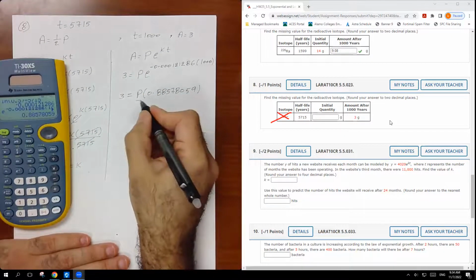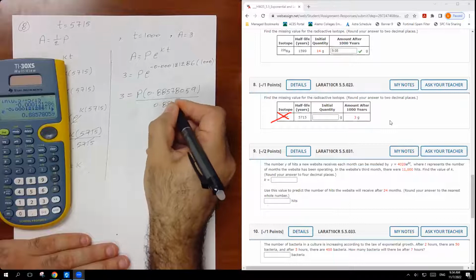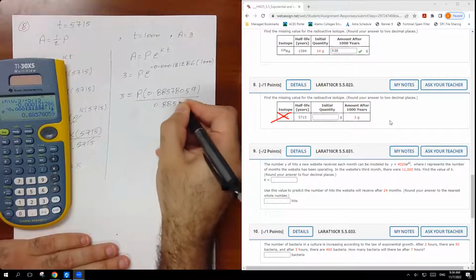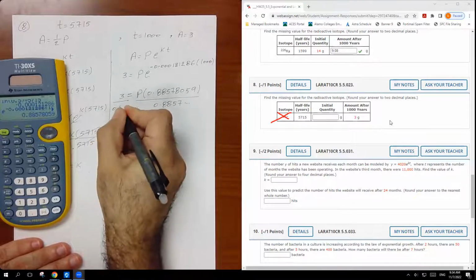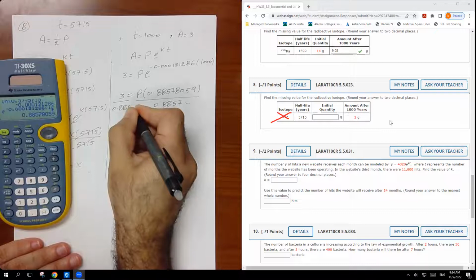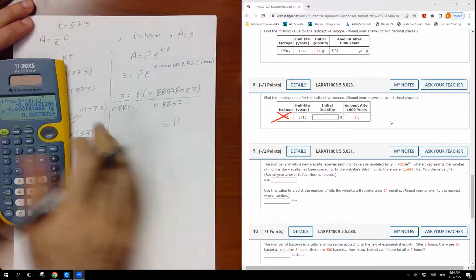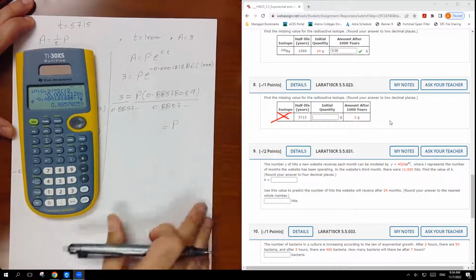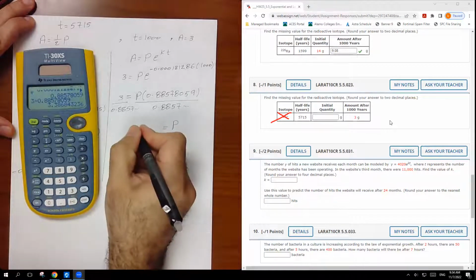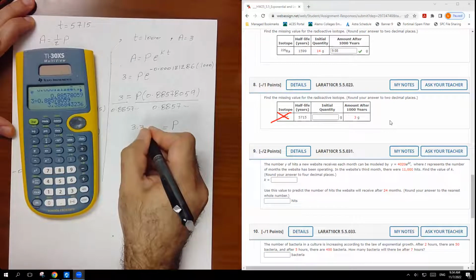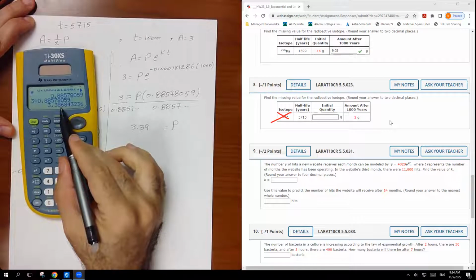Then divide both sides by this number, 0.8857, the whole number. So that means P is going to be equal 3 divided by this number. So P is going to be 3.39, because I'm going to round the number.